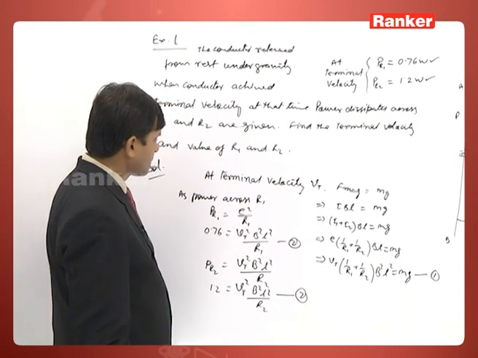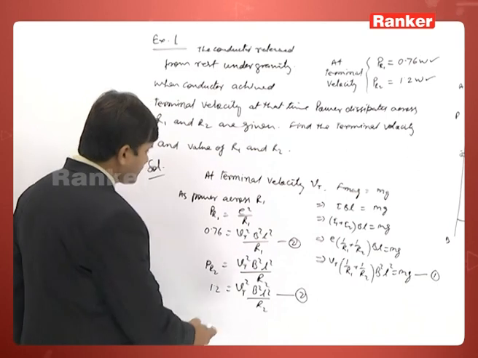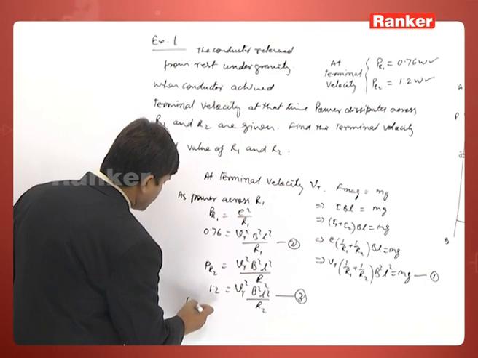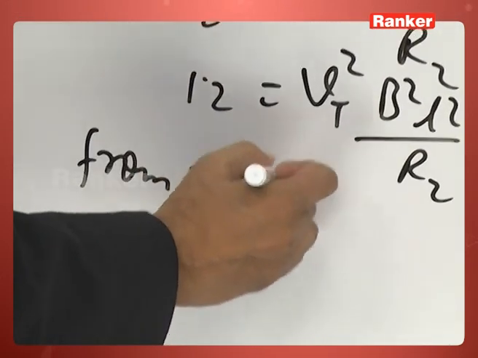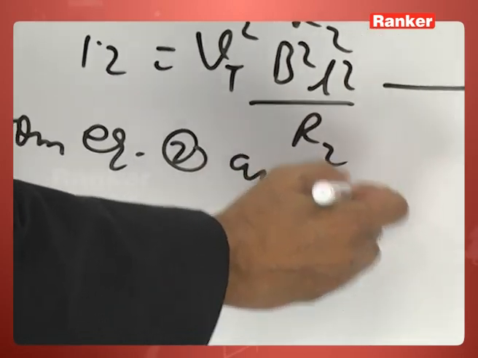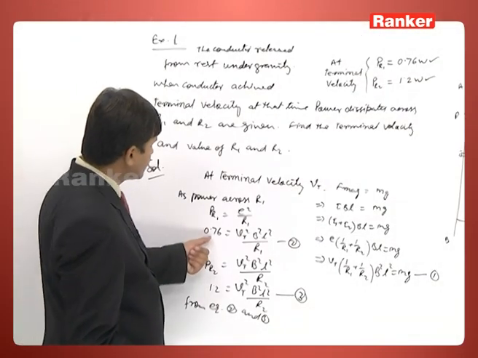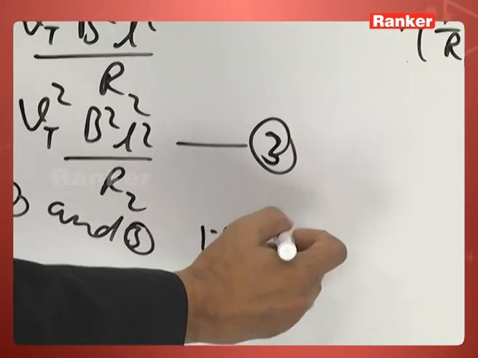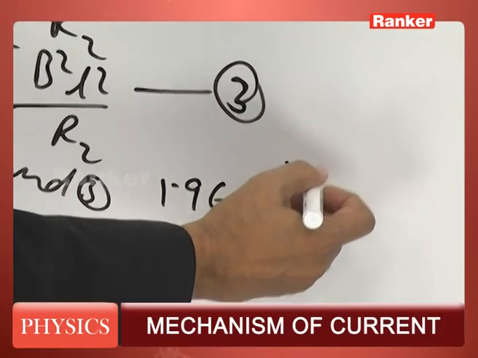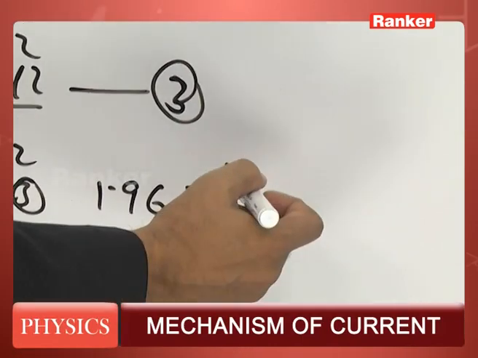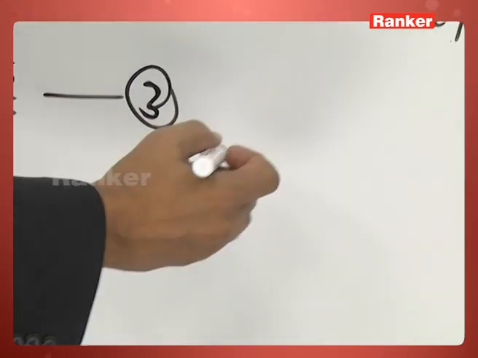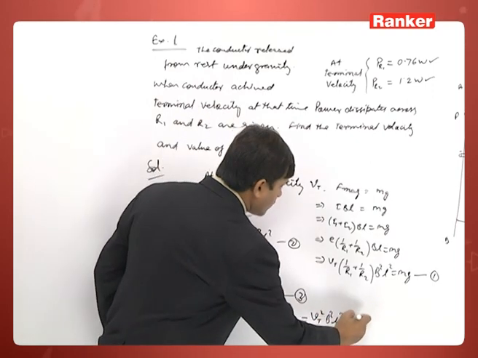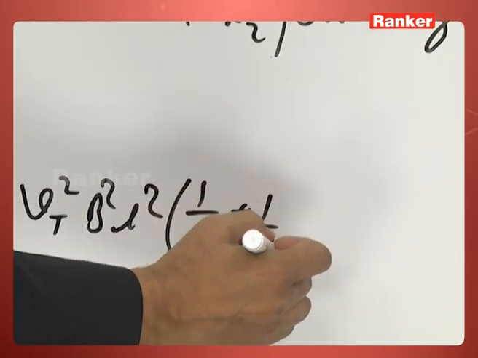So from equations 2 and 3, on adding, we get 1.96 equal to Vt squared B squared L squared (1/R1 + 1/R2).